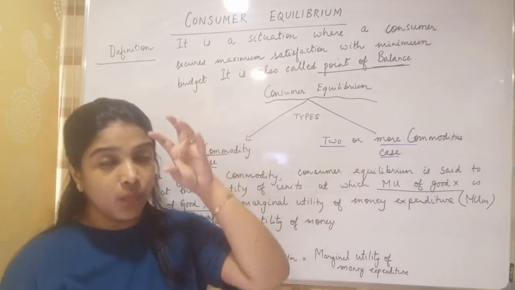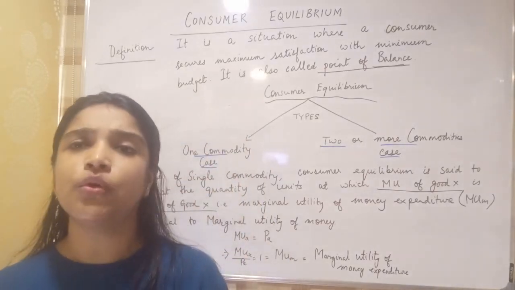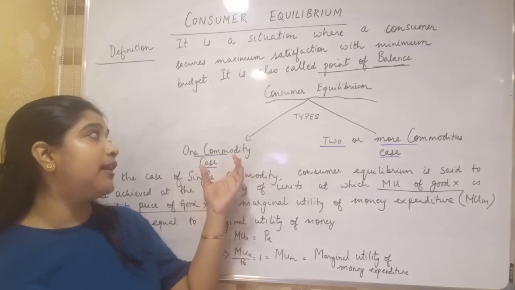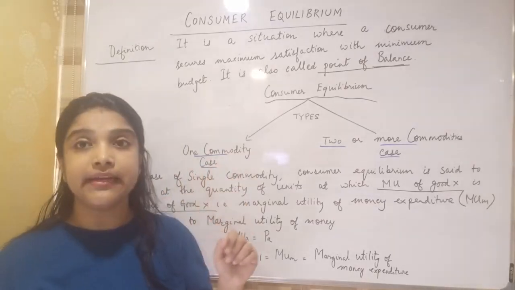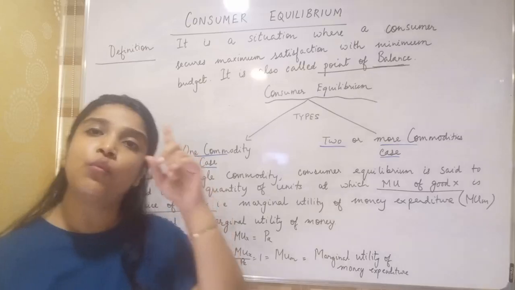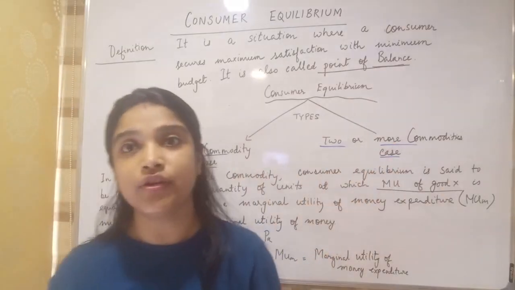When we go to the market to purchase a commodity, sometimes we go to purchase only one particular product from the market. So when we consume only one commodity, that time we'll be studying the one commodity case. The condition for equilibrium for one product is different and the condition of equilibrium for two or more commodities is different.